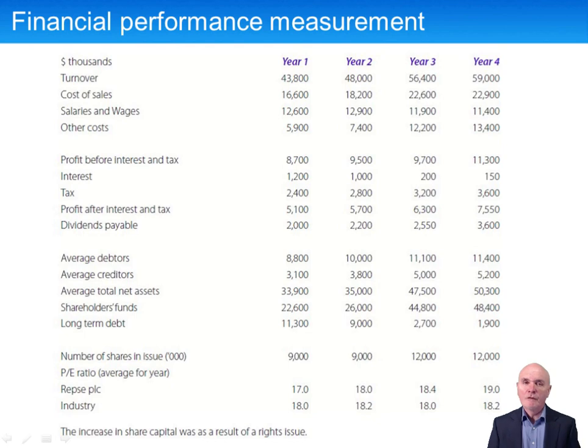Here's the example from chapter 10. And what you're asked to do is to decide whether or not these figures, 4 years worth of figures, support the contention that the company has managed to increase shareholder wealth.